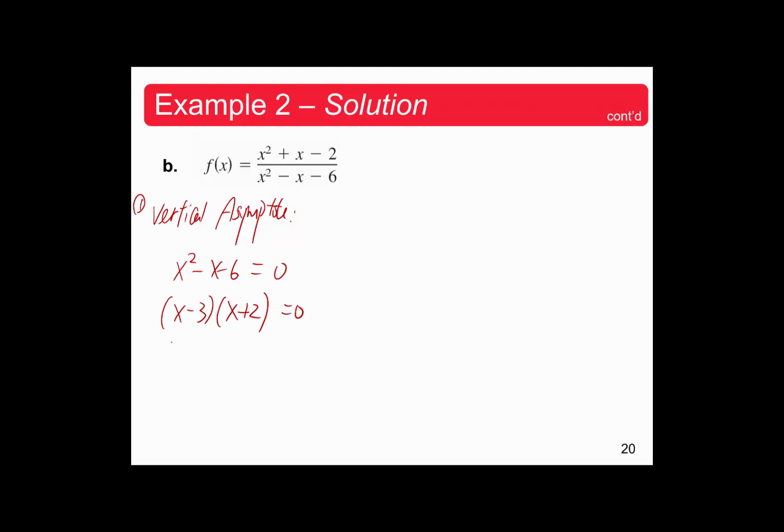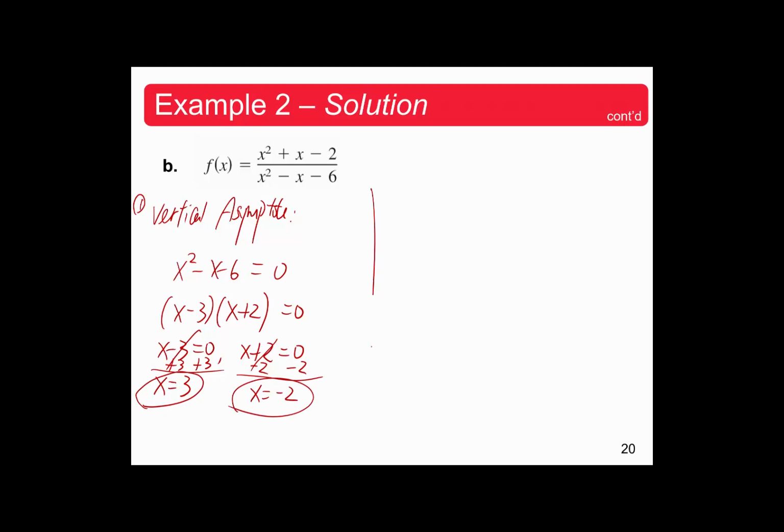You set each linear factor equal to 0 and solve for x. For the first one, x equal to 3, when you add 3 to both sides of the equation. For the second one, x equal to -2. Yep. So 2 vertical asymptotes.